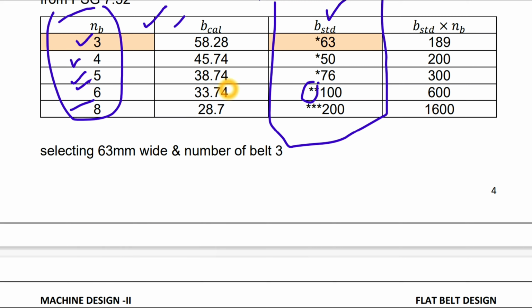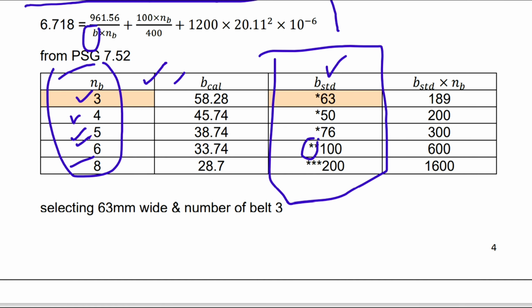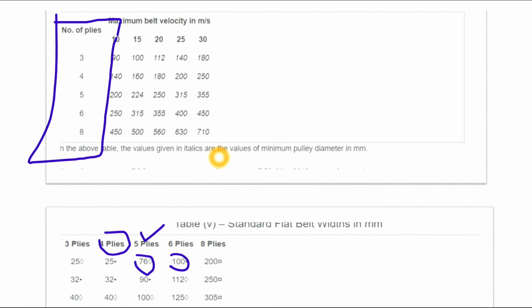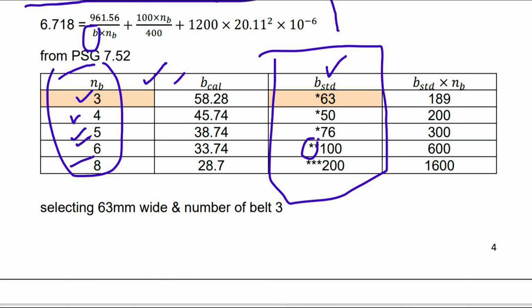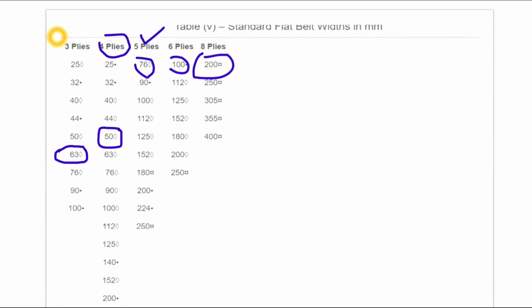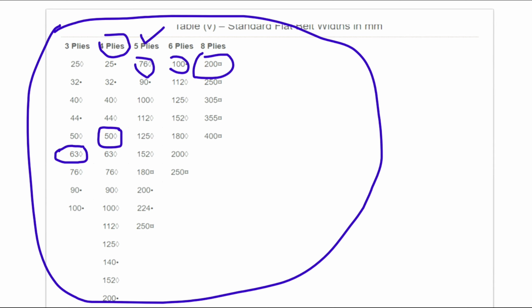Next 6 plies you got 33.74, the next value is 100, so select 100. Now 8 plies you got 28, the next value is 200, so select 200. You can see all this in your data book on page number 7.52.